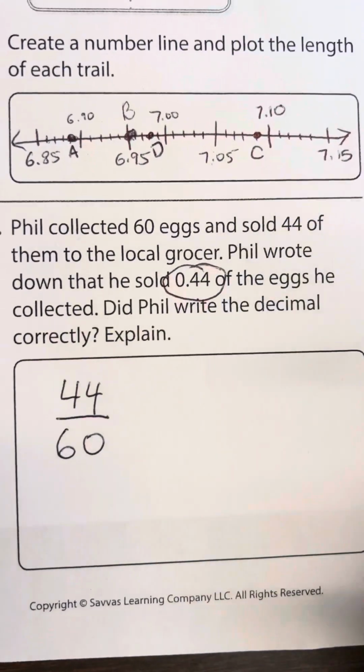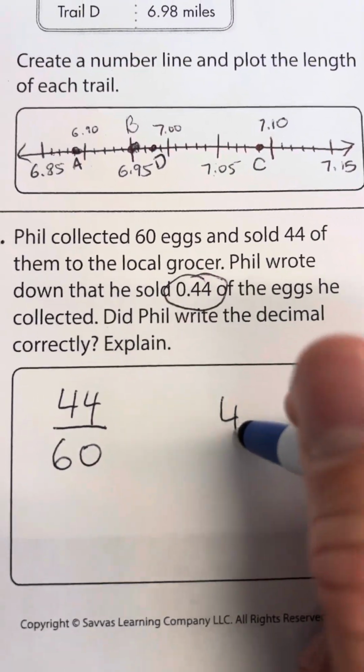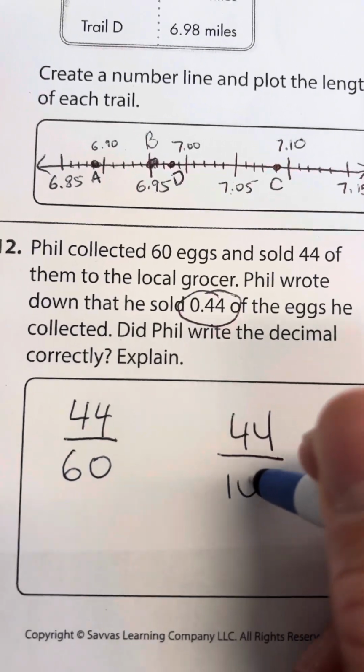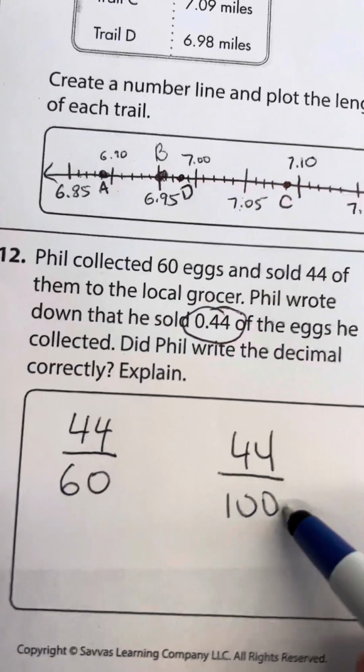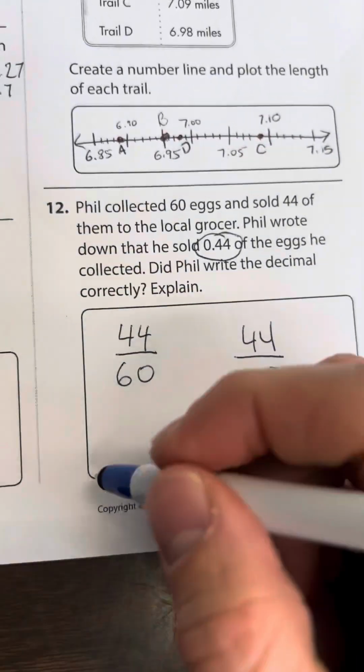Well, when I see a decimal, I like to turn it into a fraction. 44 hundredths is this. He never had 100 eggs. Did he write the decimal correctly?